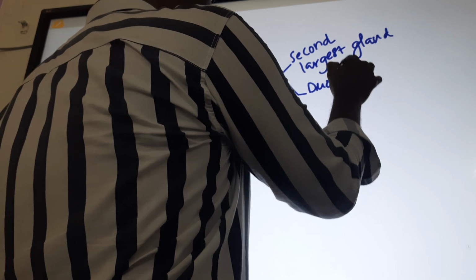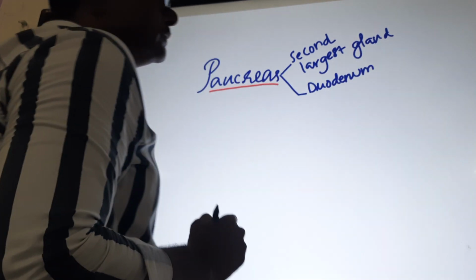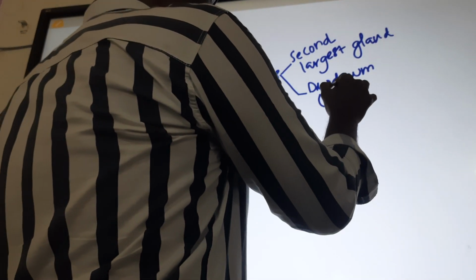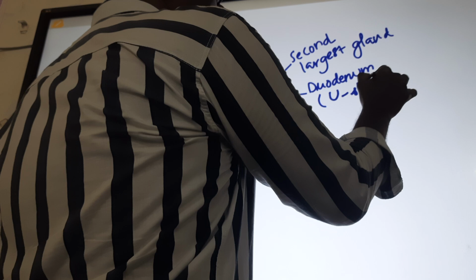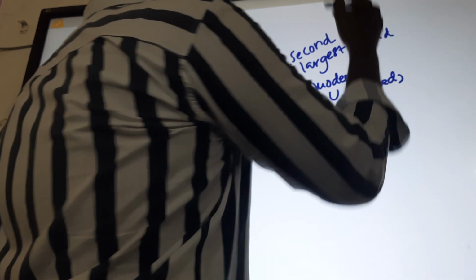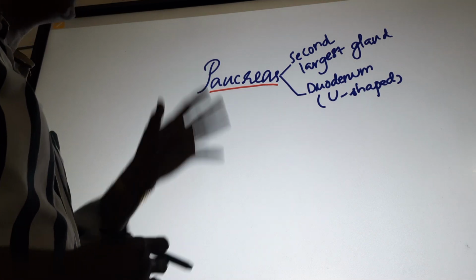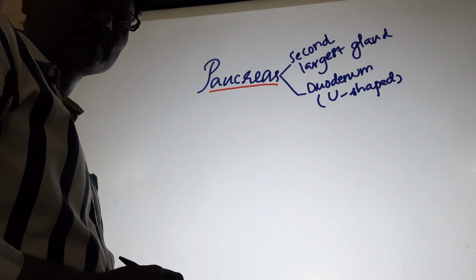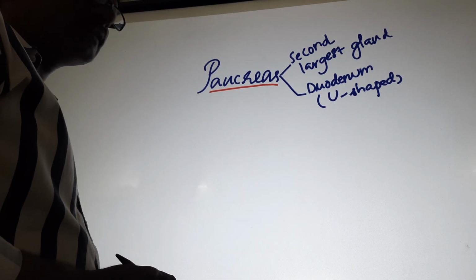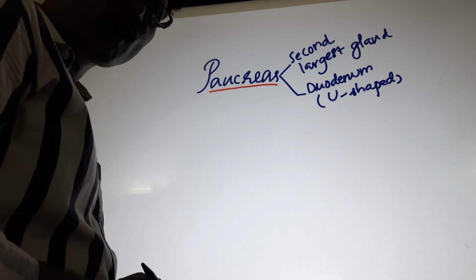Duodenum is the proximal part of our small intestine. What is the shape of duodenum? U-shaped one. At the limbs of duodenum, pancreas is located. Pancreas has a function in the process of digestion as well as hormonal control.